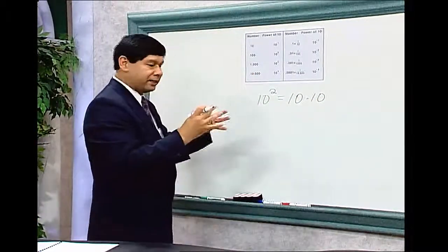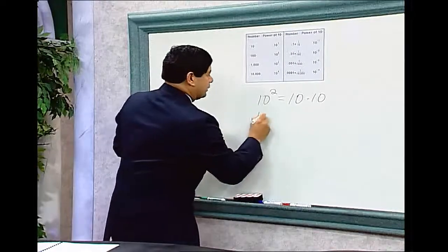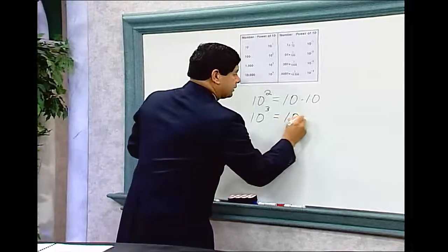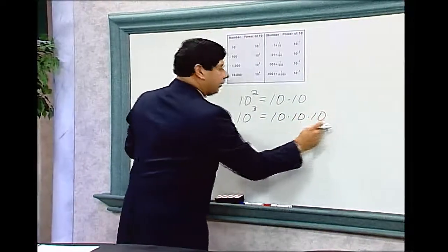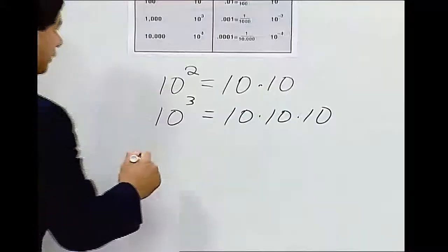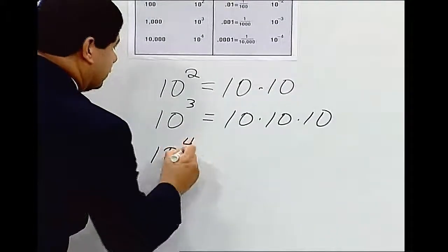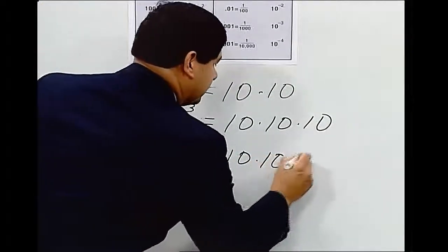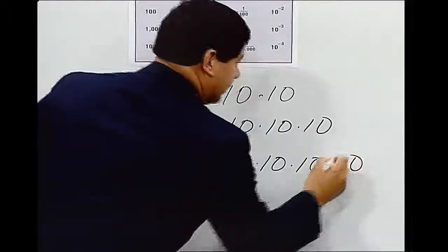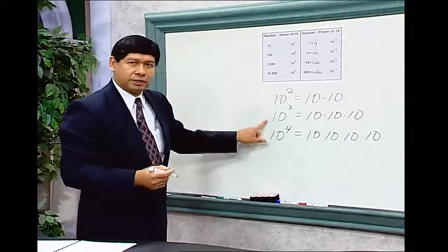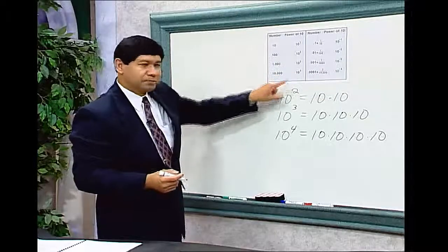That's how this all kind of connects together. 10 to the power of 3 is represented as 10 times 10 times 10, and we know that's equal to 1,000. See the connection? Then, of course, 10 to the 4th power is represented as 10 times 10 times 10 times 10, which is 10,000. Okay, there's a connection. This is what this means.